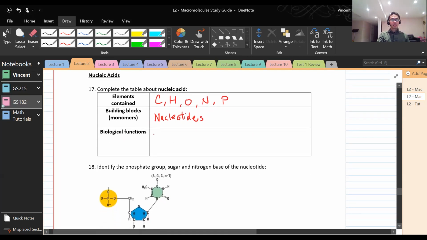Biological function: it contains genetic information, and we use that genetic information to make proteins. Instructions to make proteins. How do we know what amino acids to connect to what amino acids? We need the genetic information to tell us that. We'll learn about this in lecture 7, I believe.